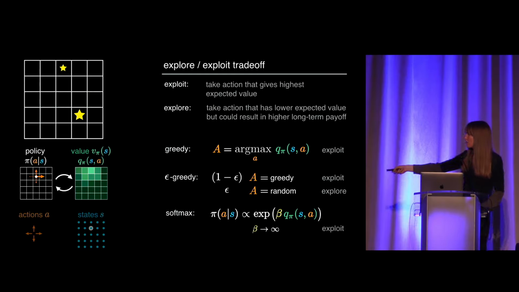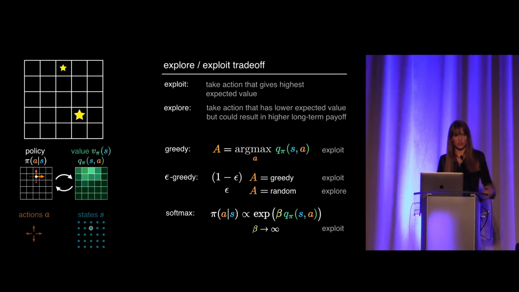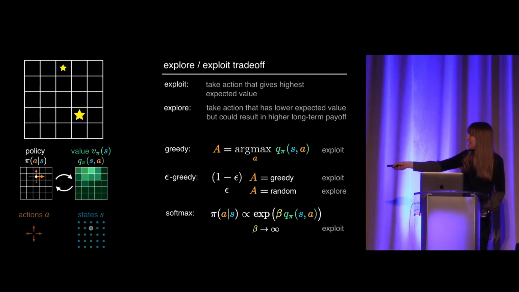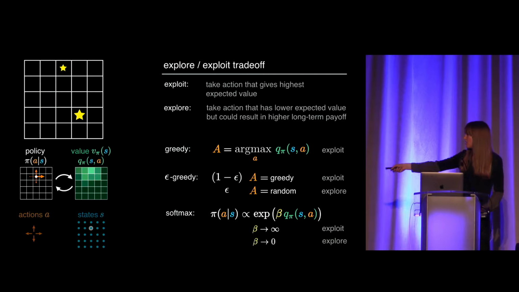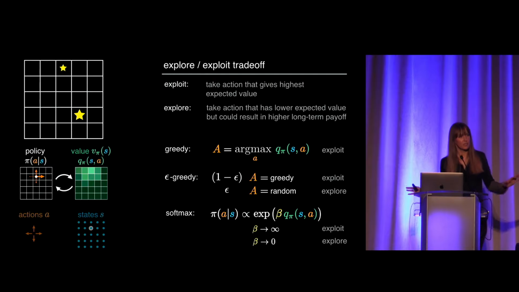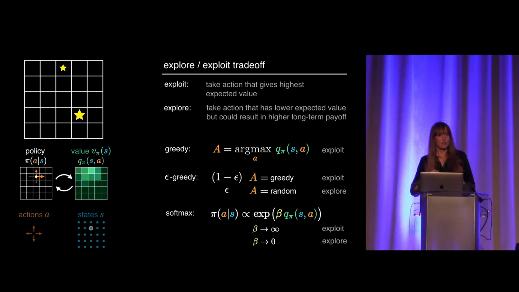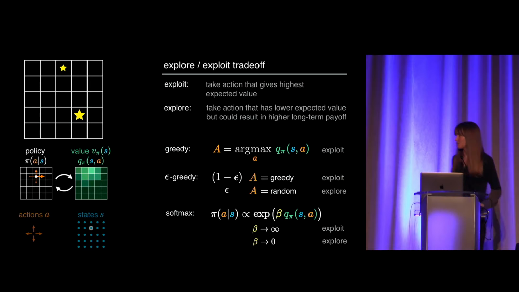So if this parameter goes to infinity, then you move towards a purely exploitative strategy where the action with the highest value is the one that you select. Okay, so that's purely exploiting. If, on the other hand, you dial beta down to 0, then all of the actions become equally likely, and this is a purely exploratory strategy. So this is one way that people use to sort of build a strategy that balances exploration and exploitation.